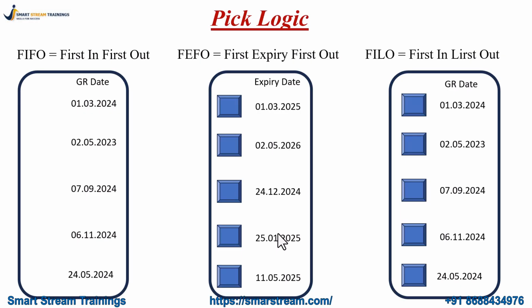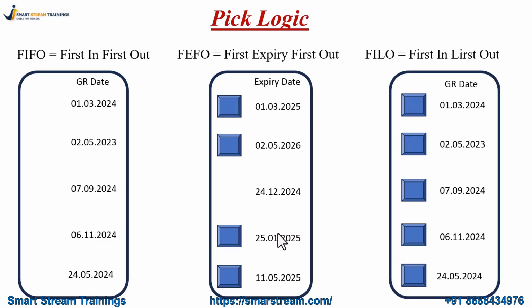So what will the system pick? The system will pick this one, and next, based on the expiry date, whichever is going to expire very soon. The last but one product is going to expire in the first month of 2025. The remaining all have very good expiry dates.